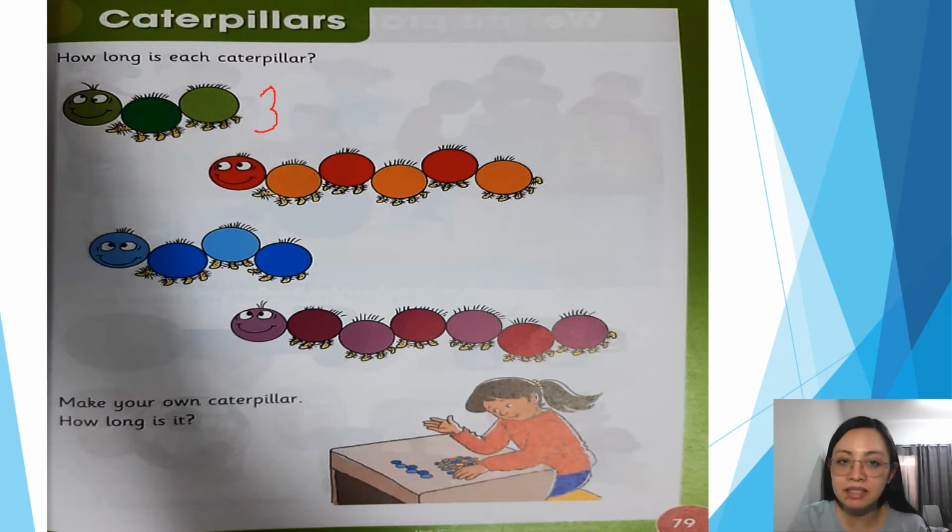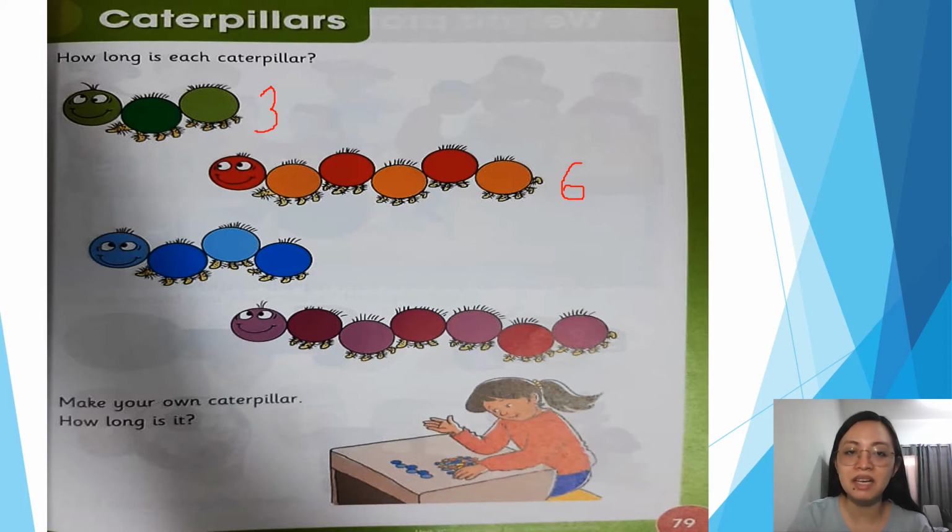How about this red and orange caterpillar? Let's count. 1, 2, 3, 4, 5, 6. How long is this red-orange caterpillar? Yes, it is 6 circles long. Now, let's compare. Between the green and the red-orange caterpillar, which is longer?